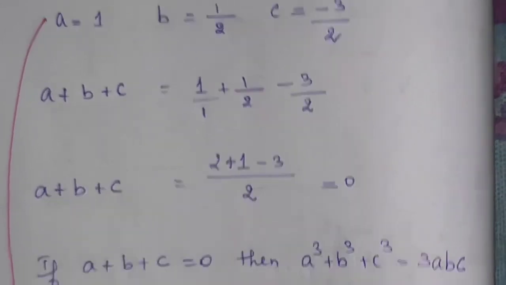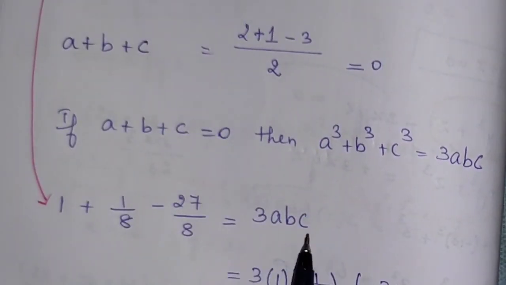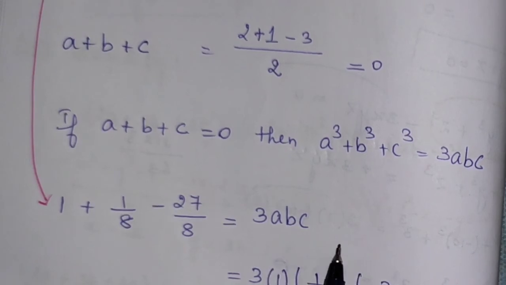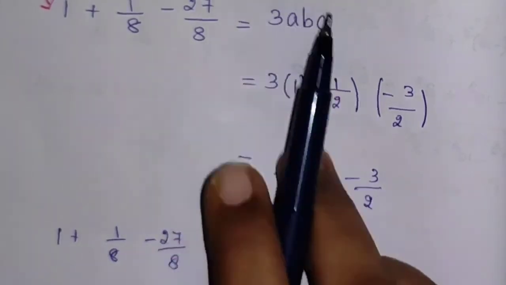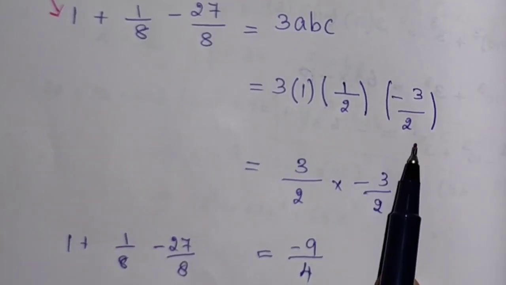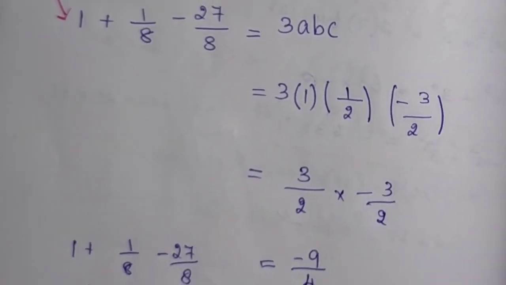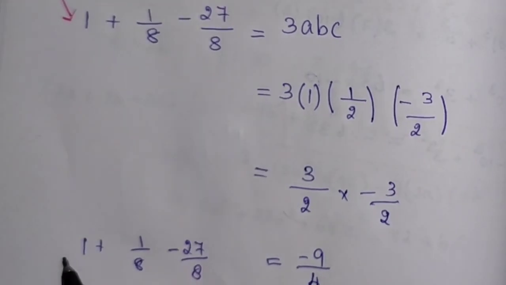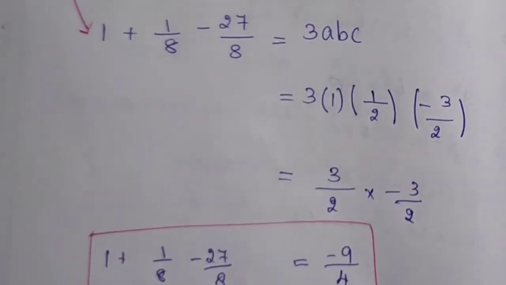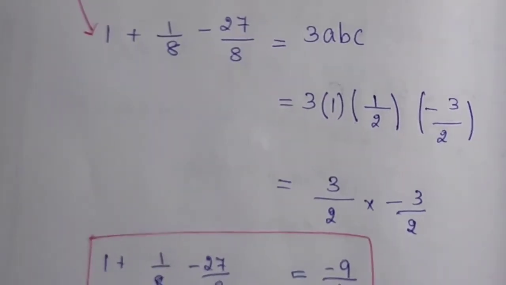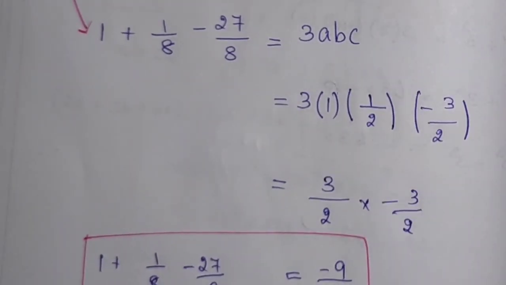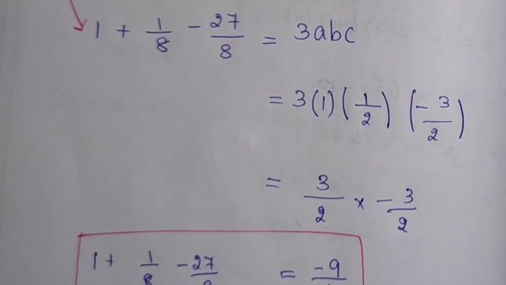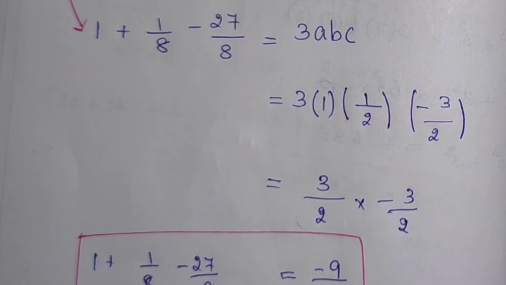Okay, so it will become 3abc or 3xyz. So 3 into, here a value is 1, b value is 1 by 2 and c value is minus 3 by 2. Just multiply and at last you can find the value of 1 plus 1 by 8 minus 27 by 8. If the question is directly given in cube, it is okay. If it is not written in the cube, you try to make it in cubes, that is in the form of a cube plus b cube plus c cube, and use the identity and evaluate it.